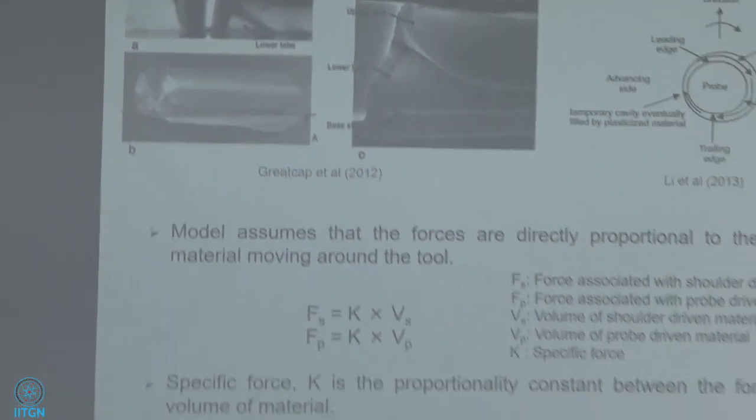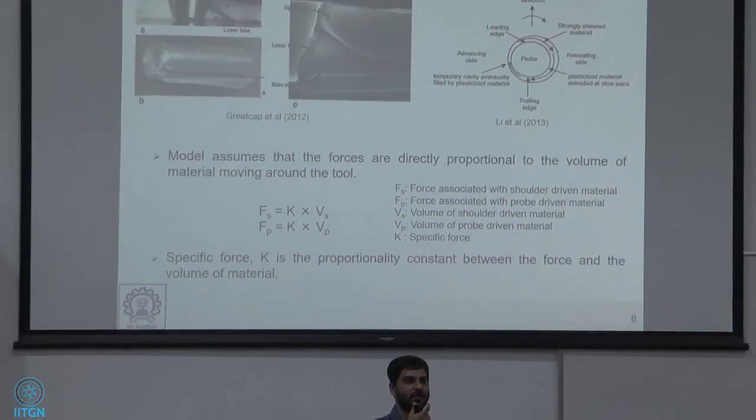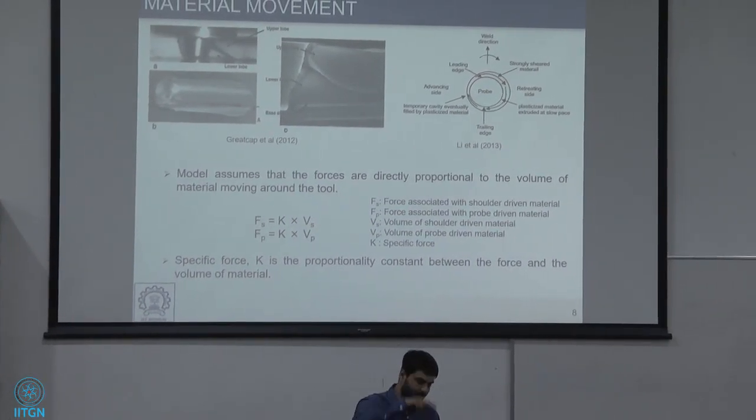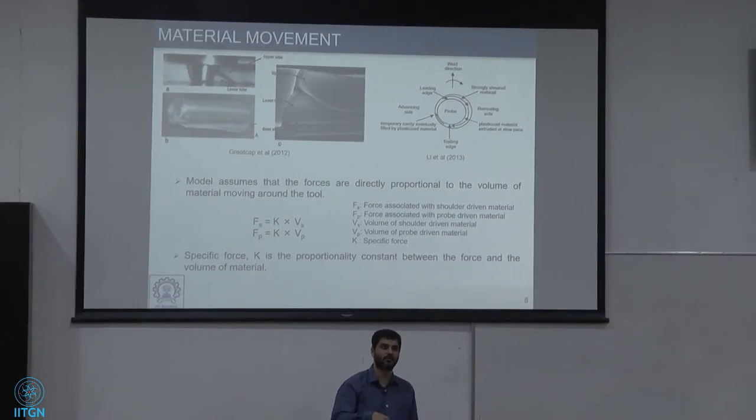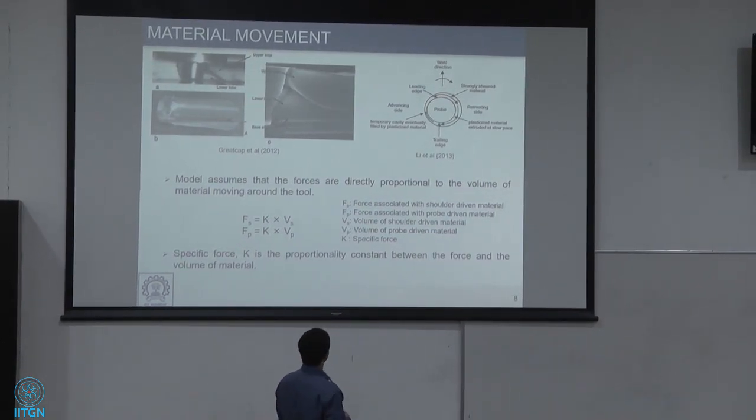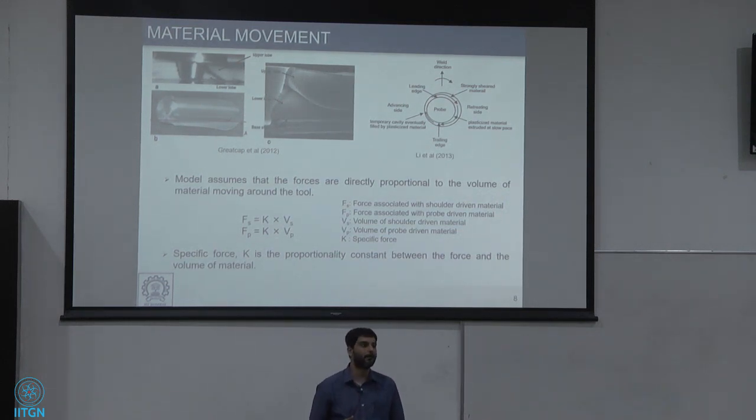The tool has a pin at the bottom and a big diameter shoulder. The shoulder is completely in contact with the top surface, while the pin is the one which protrudes into the workpiece at the seam. So there is a distinct chunk of material which is moving under the influence of the shoulder, and then there is material which is moving under the influence of the pin.